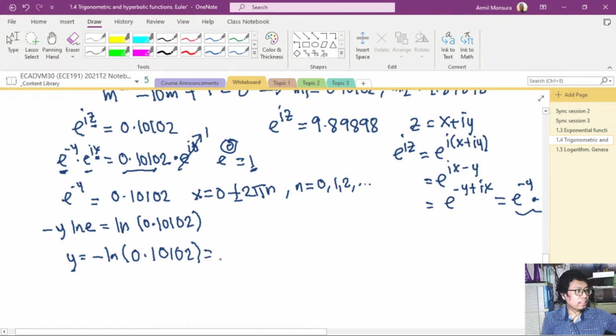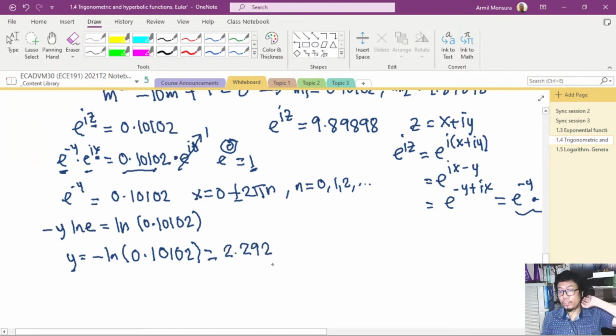when we approximate it using your calculator, verify with your own calculators, 2.292 in 3 decimal places.